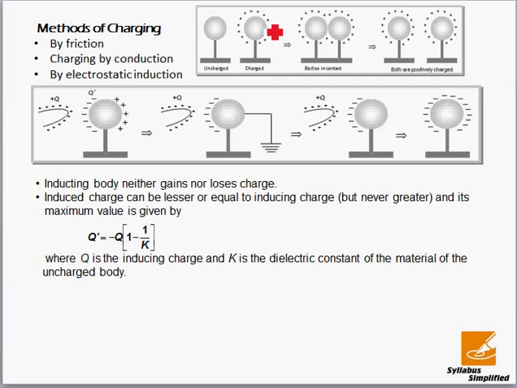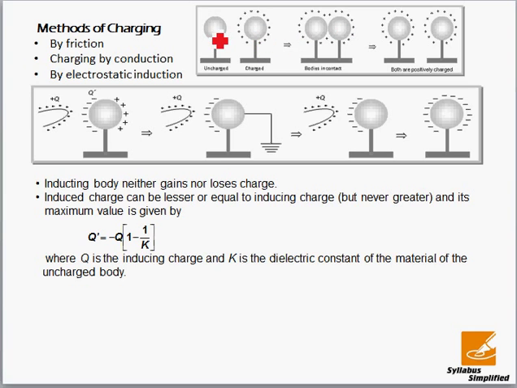And when we touch the charged body to the uncharged body, as you can see, this body is positively charged, which means it has deficiency of electrons.